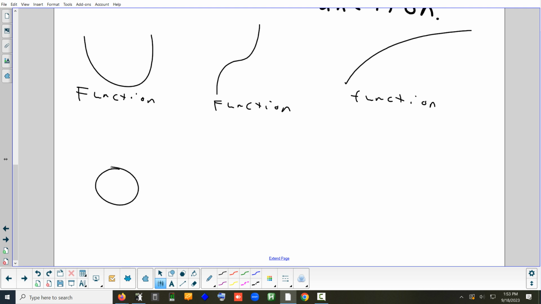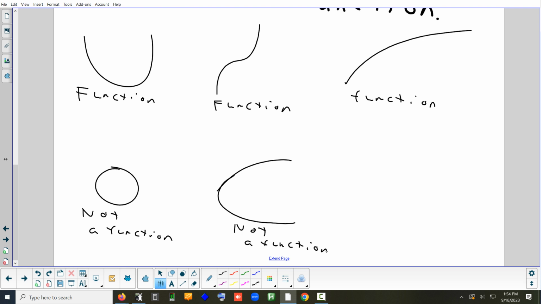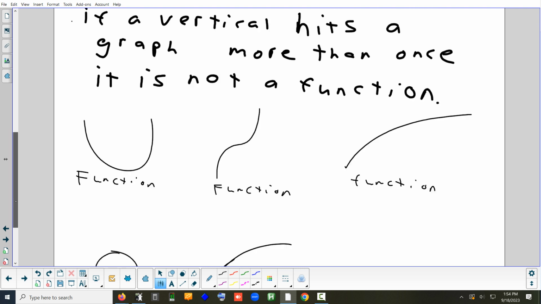Something like a circle, we just said that's not a function. How about a sideways parabola like that? No, not a function. Okay. Anyone have any other types of graphs they're wondering about, if it's a function or not a function? There's some examples.